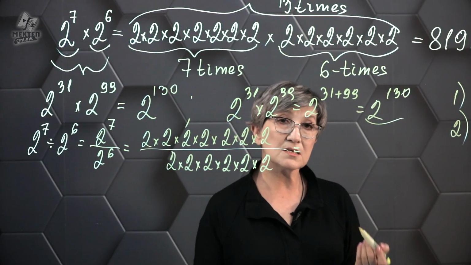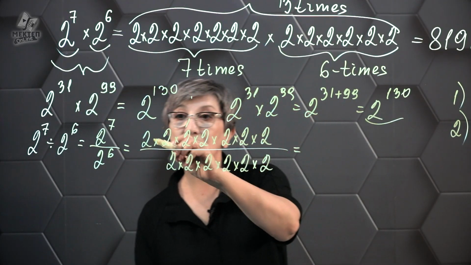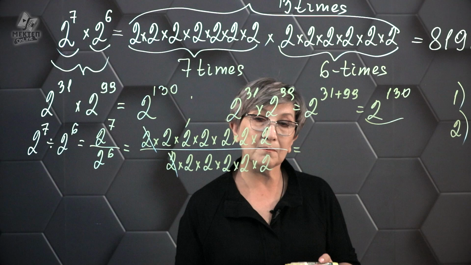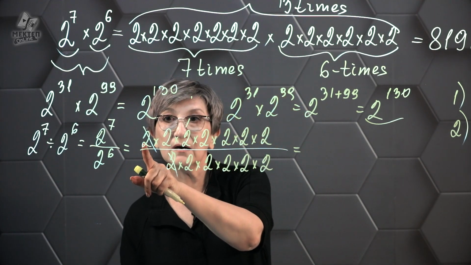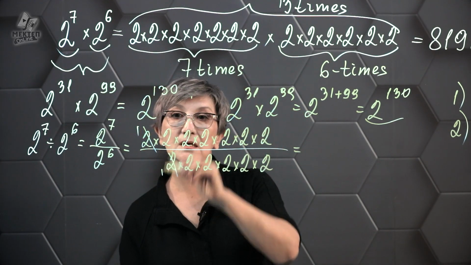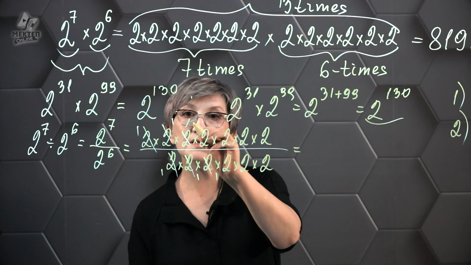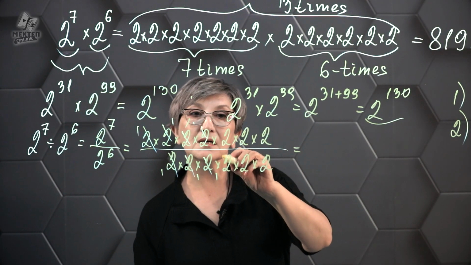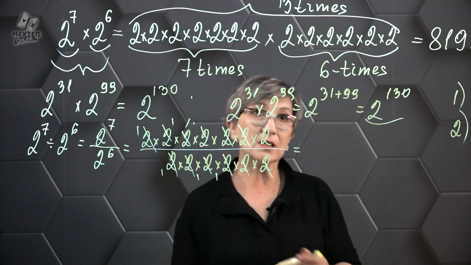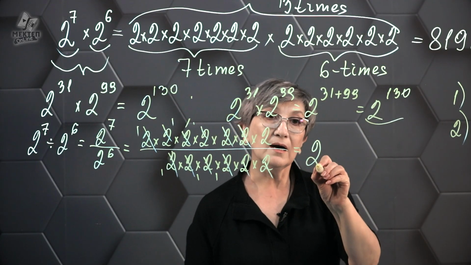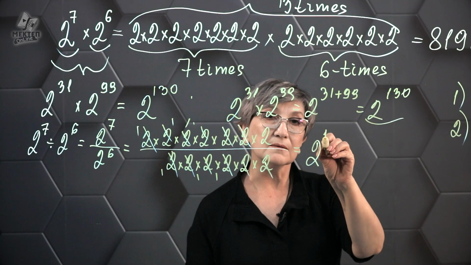As you can see, it's not exactly a convenient way to do it. And if I divide by 2 in pairs, I'm left with 1 and here 1, and in this case 1 and here 1. And as you can see, I'm left with only one 2. Only one 2, 2 to the power of 1.